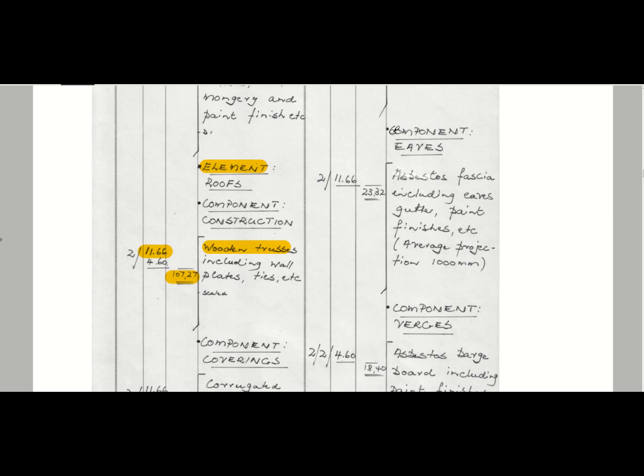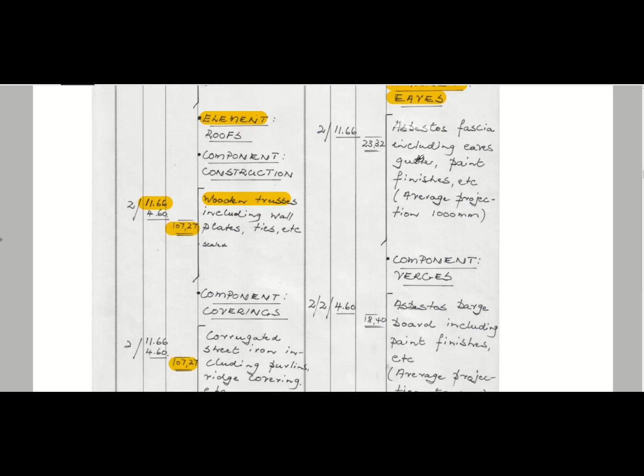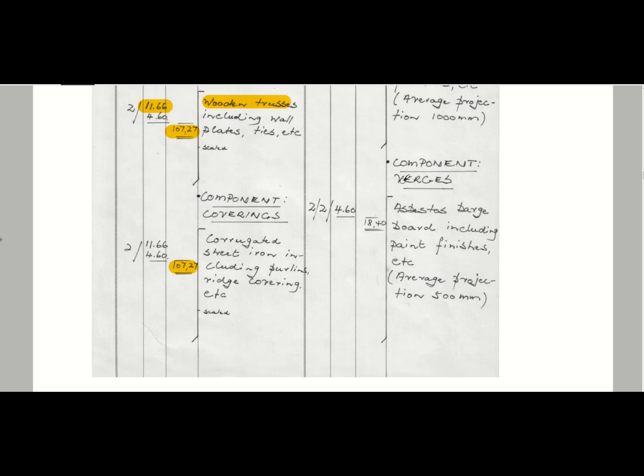Then component eaves. Your eaves is the side of your roofs. So this is our fascias. Component verges. Verges is like your barge boards. Your verges is on the side of your gable ends to the roofs.